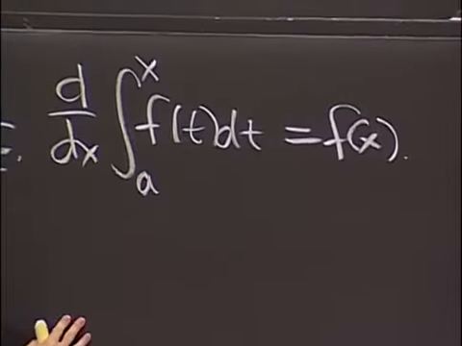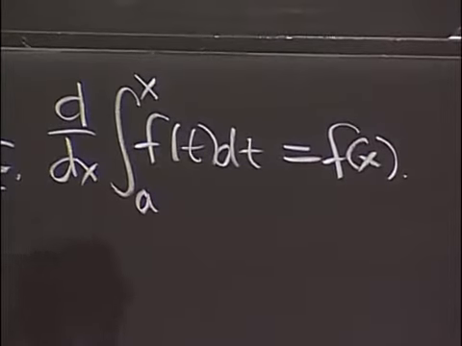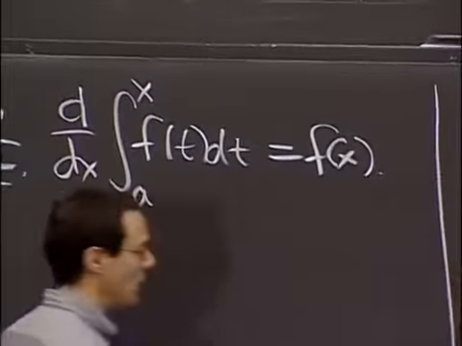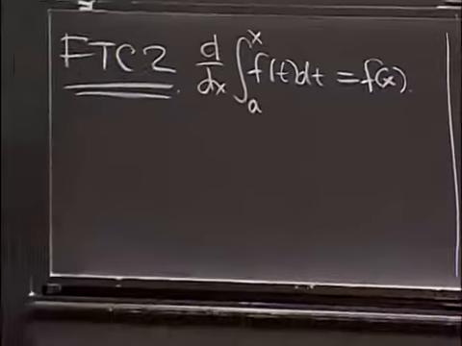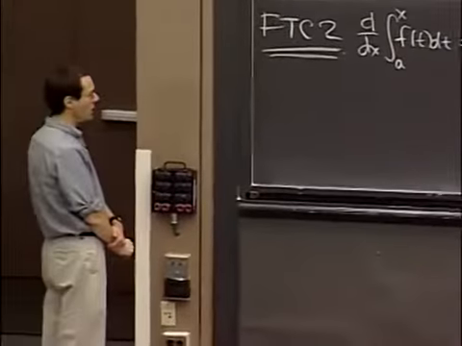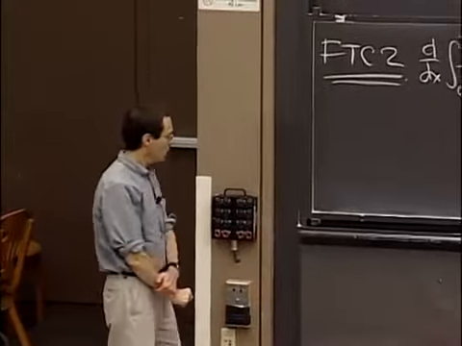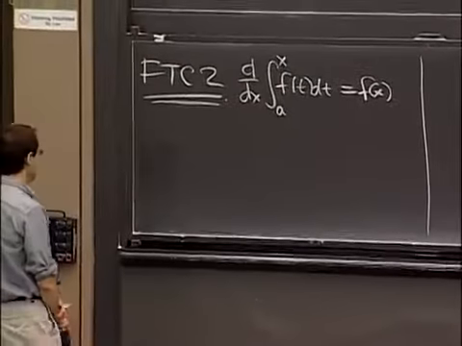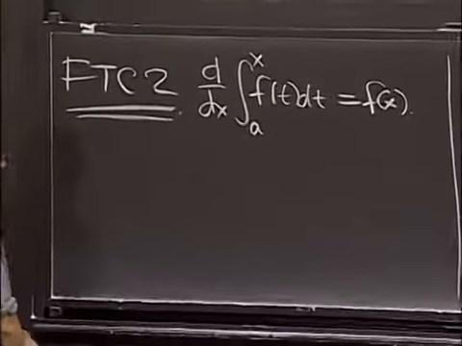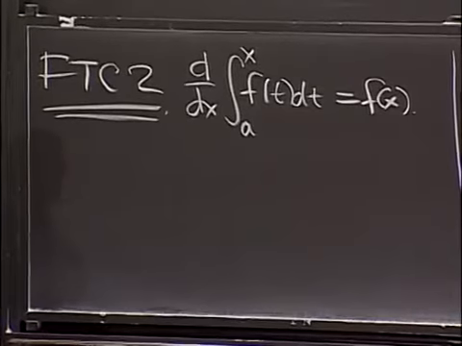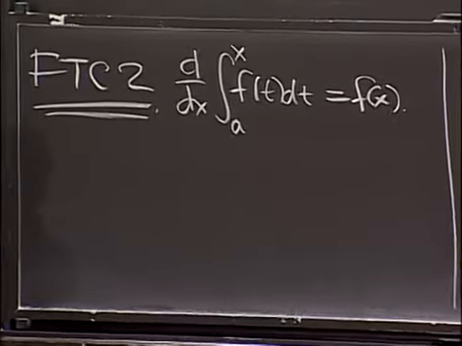And the way I'd like to use it today, I started this discussion last time, but we didn't get into it. And this is something that's on your problem set, along with several other examples, is that we can use this to solve differential equations.